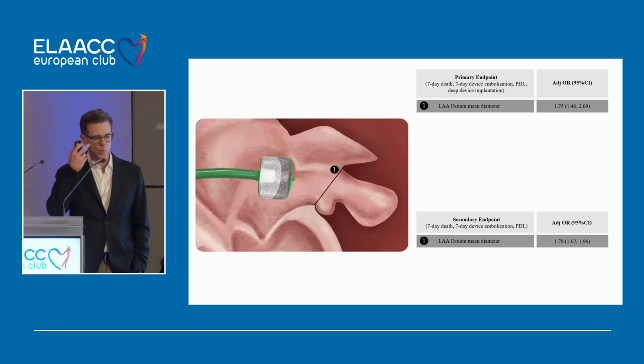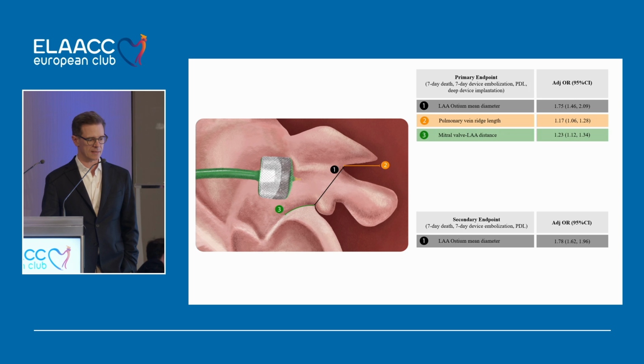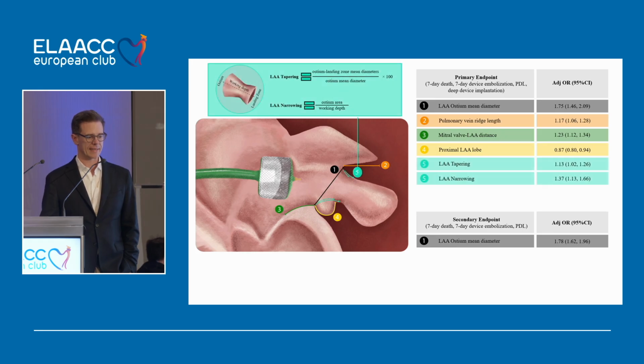So if we want to summarize for the primary endpoint, including death, device embolization, anti-PDL, and deep device implantation, we identified significant predictors of that endpoint, namely the LA osteo mean diameter, the pulmonary vein ridge length, the mitral valve LA distance, the proximal LAA lobe, and LAA tapering and LAA narrowing.